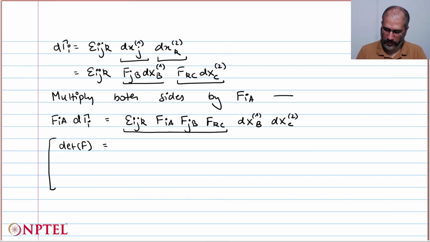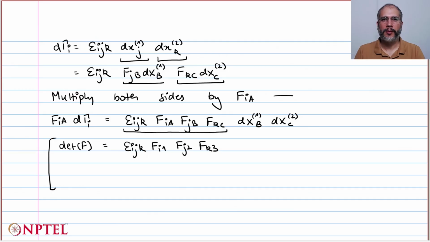us say F in this case, was given as epsilon_ijk F_i1, F_j2, and F_k3. So this is something we had discussed in the first module on background mathematics.